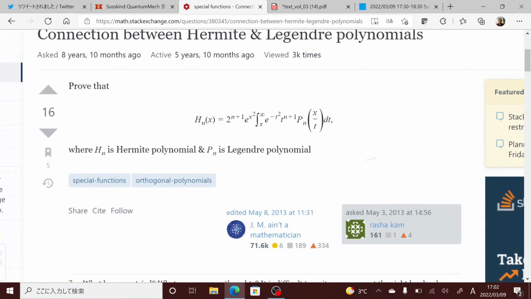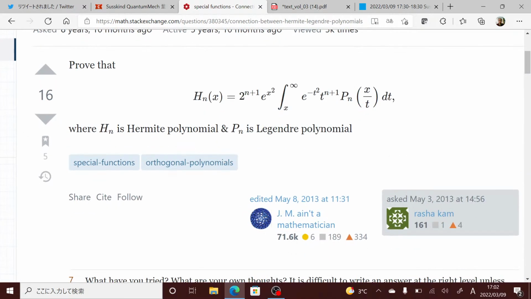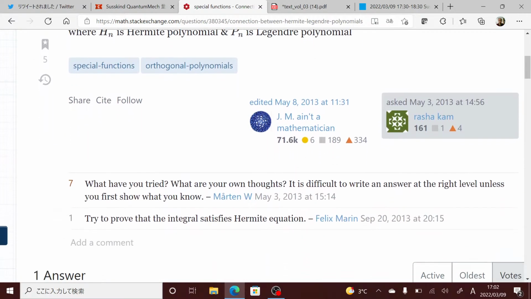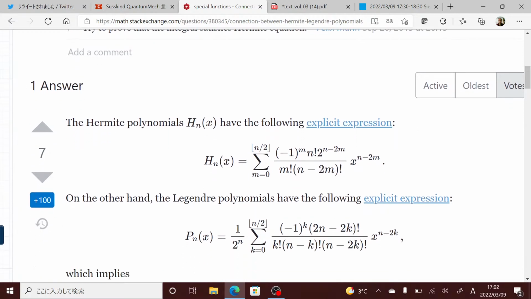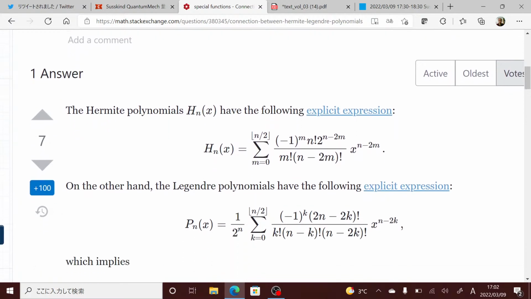Here, Hn is the Hermite polynomial, and Pn is the Legendre polynomial. Hermite polynomials have the following explicit expressions.